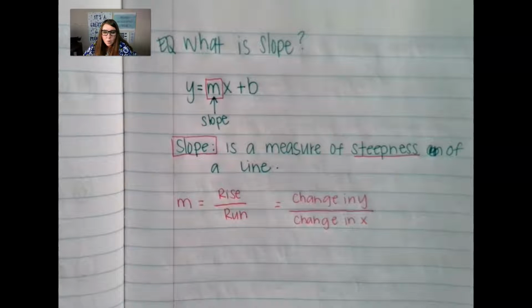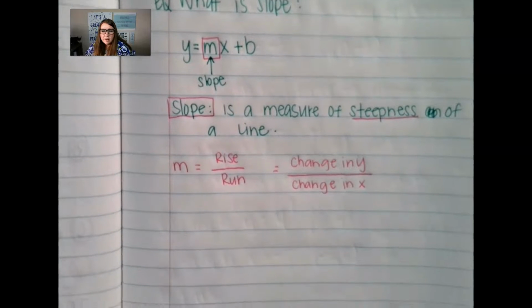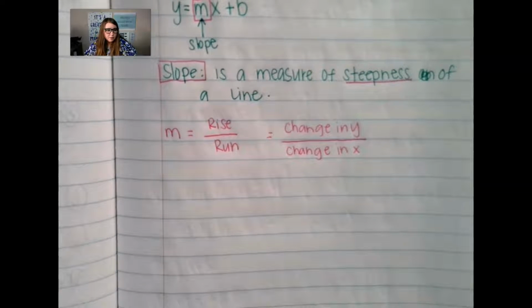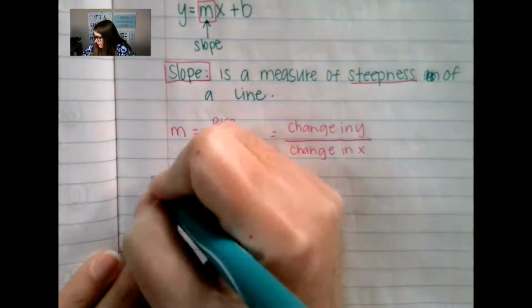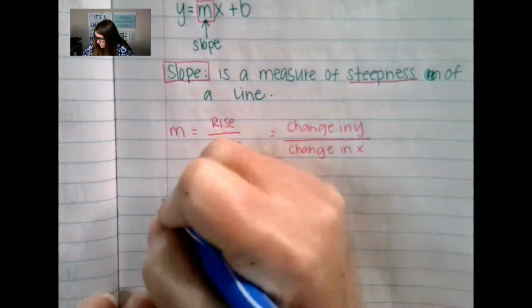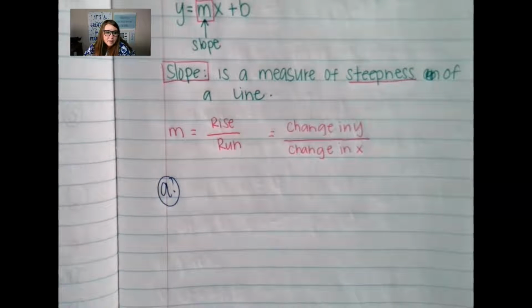All right, so first let's talk a little bit about what this means when you have an actual graph. Because these are just a lot of letters right now, and we want to put it into some context for you. Okay, so let's say that we have a line. We have a graph, and I'm going to put the picture up right now for you so you can see that picture.